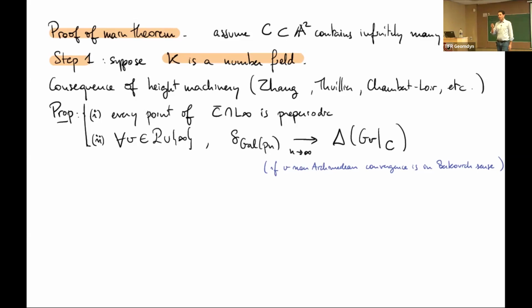Okay, so let me repeat. If you work over the algebraic numbers, you know that all the points at infinity are preperiodic, and also that these infinitely many periodic points on your curve equidistribute after letting this Galois group act. They equidistribute to the Laplacian of the green function restricted to the curve.